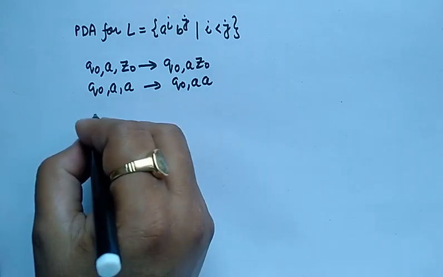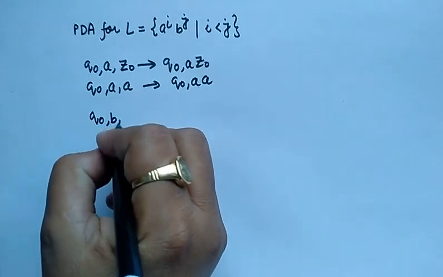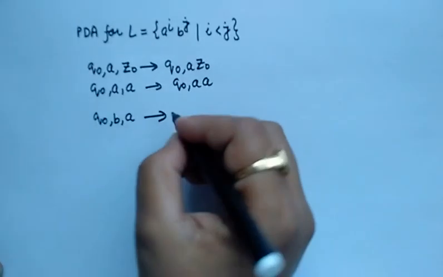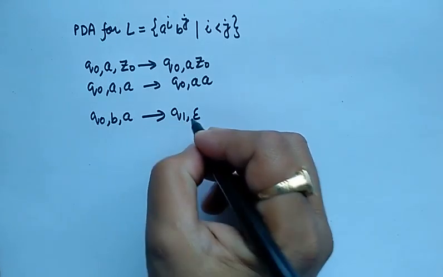And when B comes, it will get A on the top. We will change the state and pop this A out.